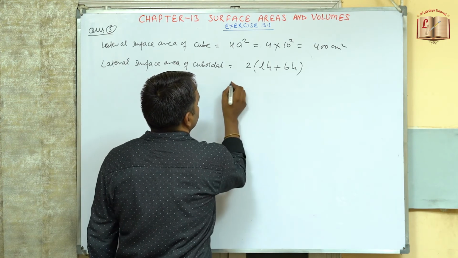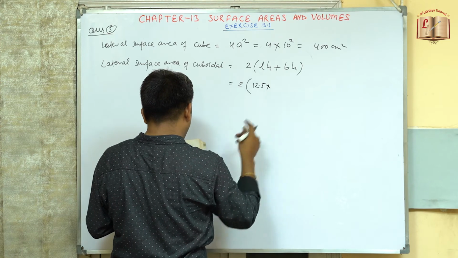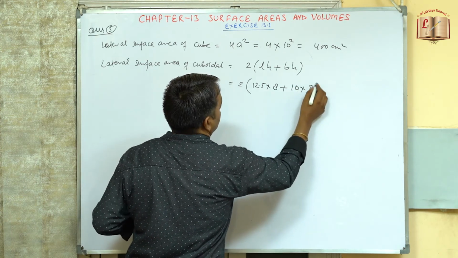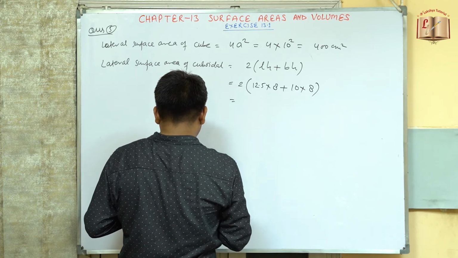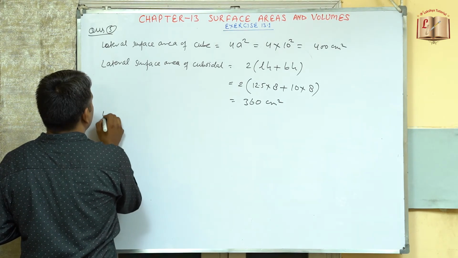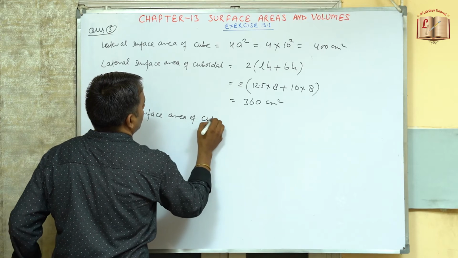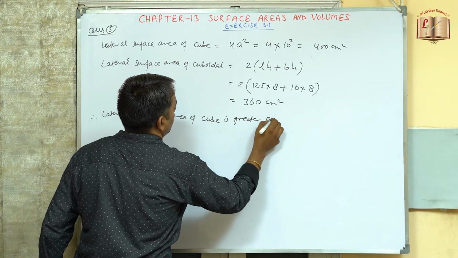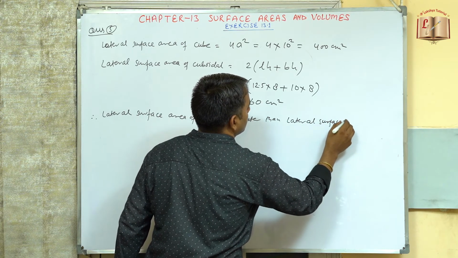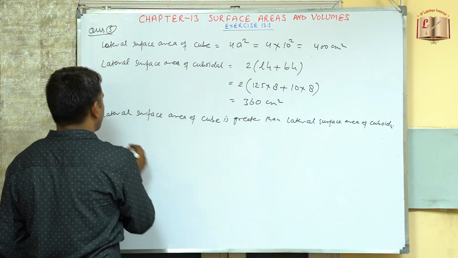So this is 2 times (12.5 into 8 plus 10 into 8). On calculation, this is 360 centimeter square. So the lateral surface area of the cube is greater than the lateral surface area of the cuboid. Now we need to find the difference in area.